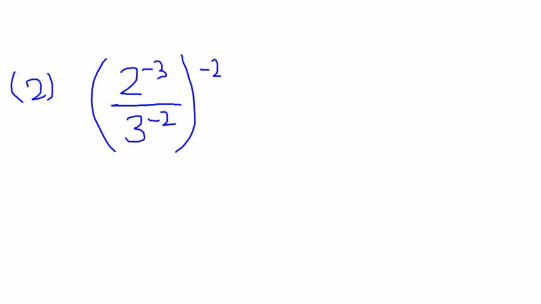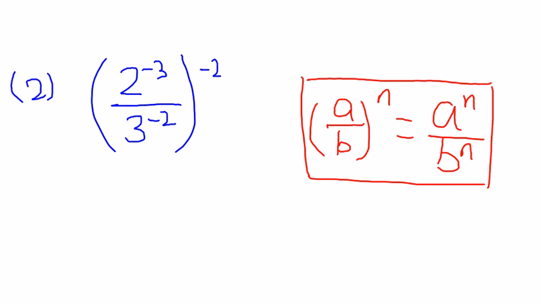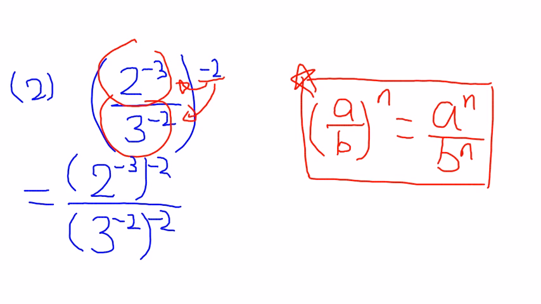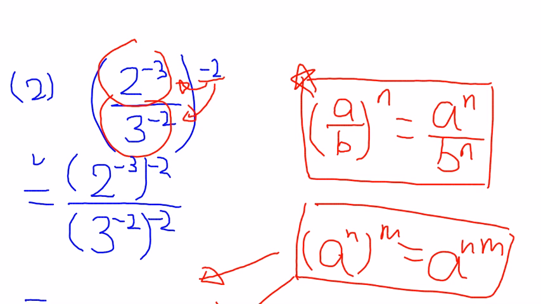If you look at this problem, the first step to apply is you need to apply the following formula here, because you need to distribute the exponents to both numbers here, and it becomes the following step. And then from this step here, we can do the following by using the step here, because now both things look exactly the same as the formula here, so we can apply it directly.